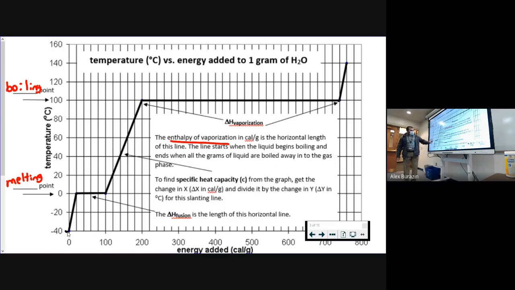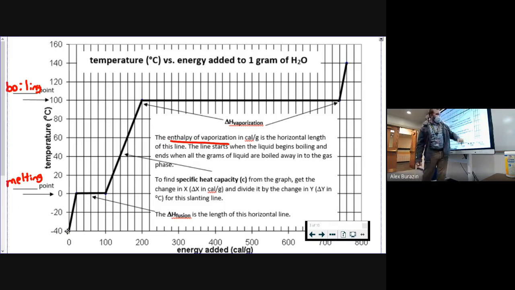Each region gets a separate equation. We will have 5 values of Q, 5 values of heat. 1 for how much heat it takes to heat up the solid ice. 2 for how much heat it takes to melt it. 3 for how much heat it takes to heat up the water. 4 for how much energy it takes to boil the water.